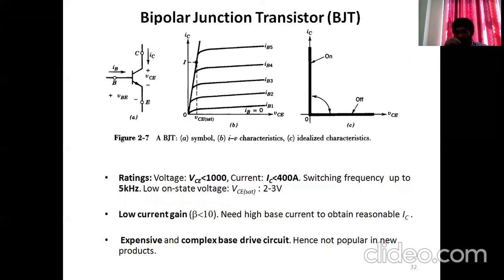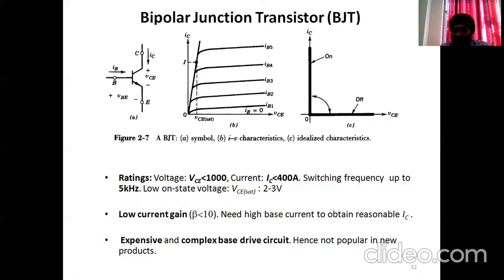Okay, so the first member of this family is the bipolar junction transistor, BJT. We already know the characteristics of these BJTs, the output characteristics here in the common emitter configuration. These are the ideal characteristics: during turn on, the voltage drop in the transistor is 0 when it is on, and when it is off, the current in the transistor is 0.